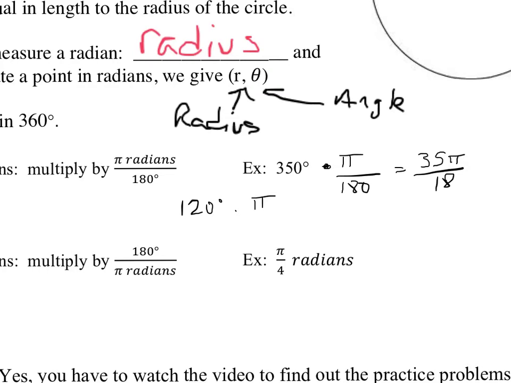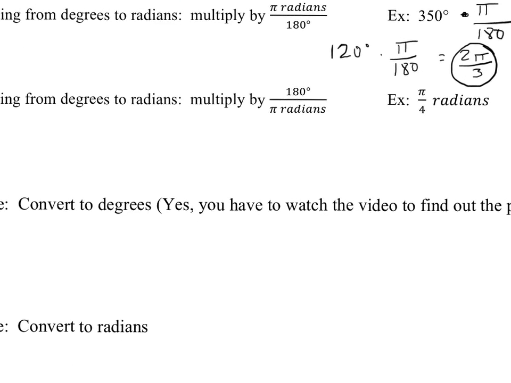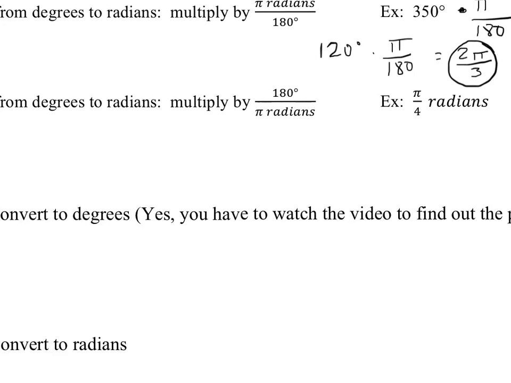Again, we would multiply by pi over 180, reduce 120 over 180, and we're left with 2/3 pi, or 2 pi over 3. Okay? So some of these are not too bad. And you'll get much more practice in class with this. Let's learn now how to convert from radians to degrees.